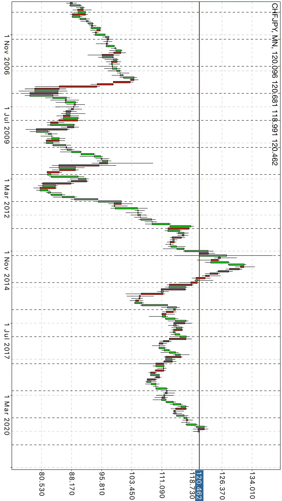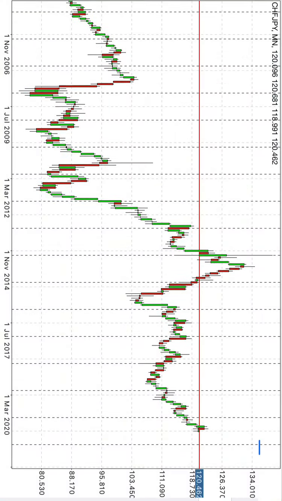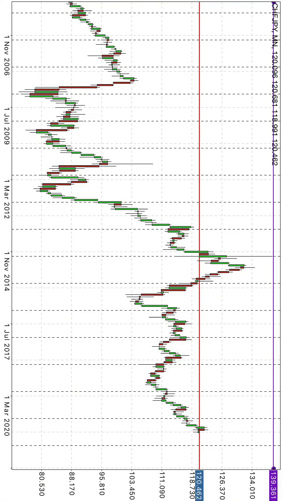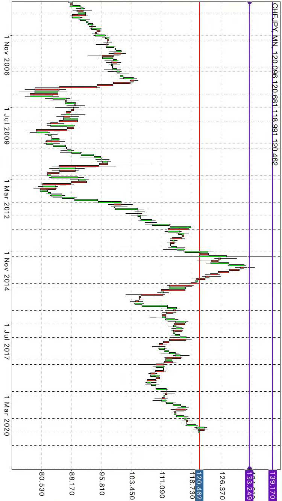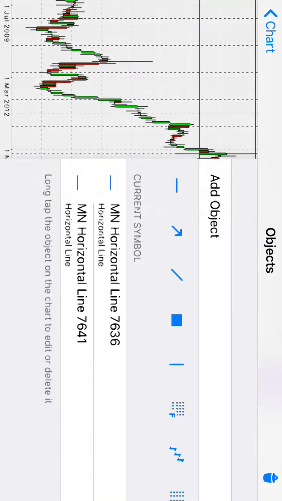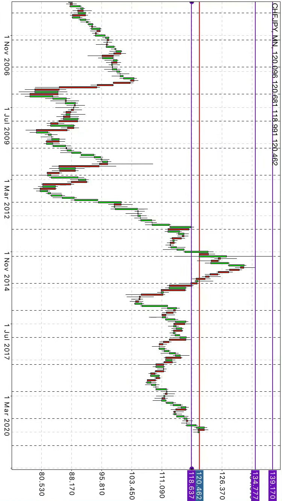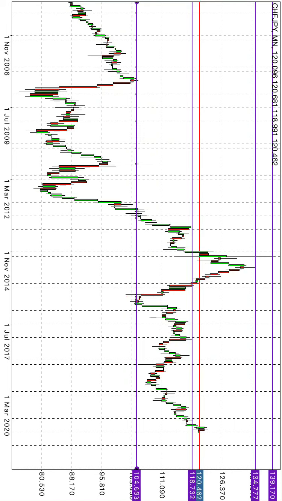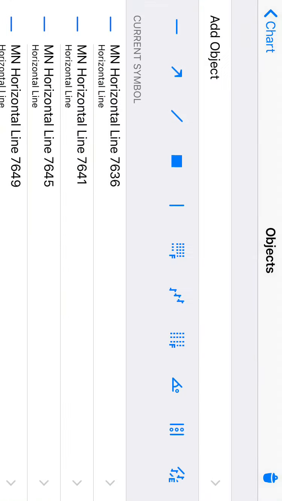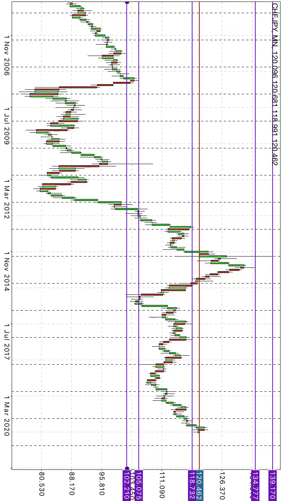The second thing that you do, you identify all your obvious support and resistance on a monthly time frame.